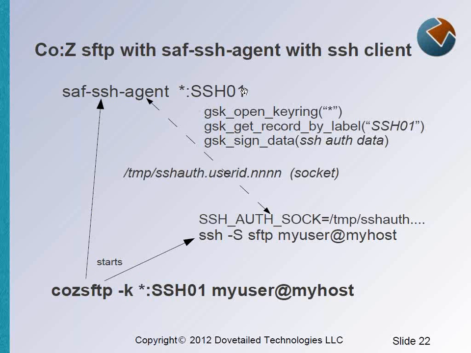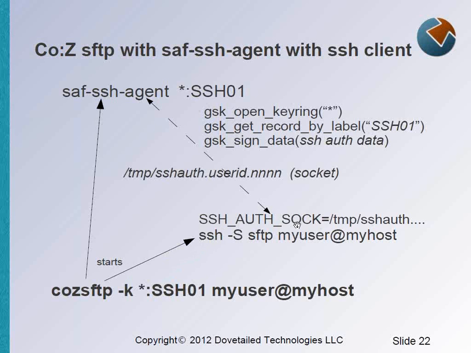And it opens up that keyring, and it also sets up a private Unix domain socket like this. And then the next thing it does is start the SSH client. This is the Ported Tools SSH client, because SFTP always does it. It starts SSH underneath the covers to do the lower level stuff.